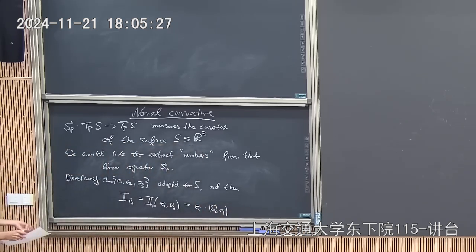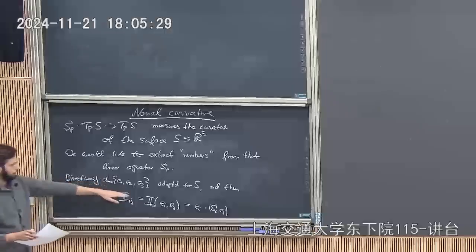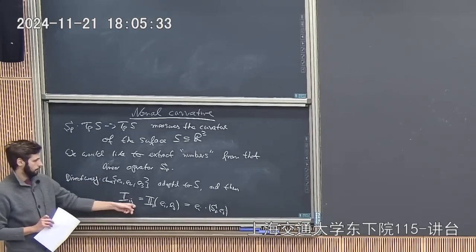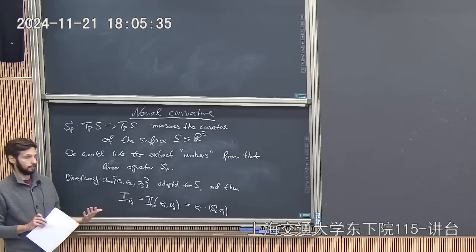So that's one way to extract numbers. These are just numbers for i and j. So that would be a direct way.